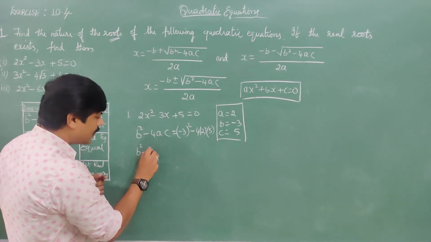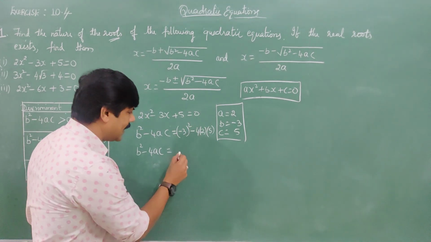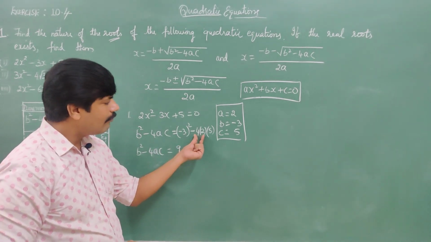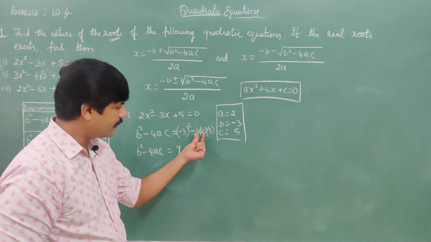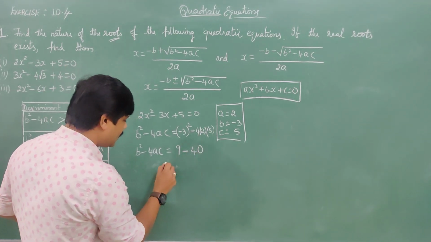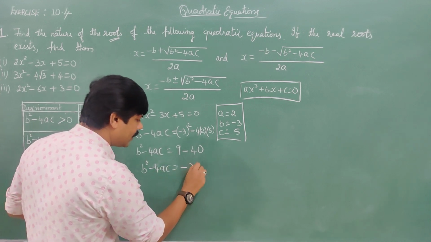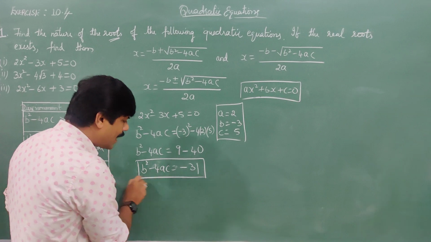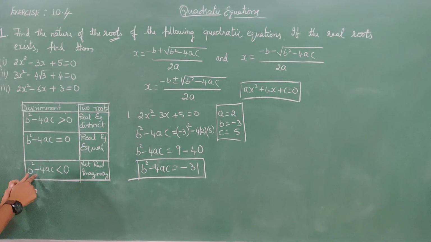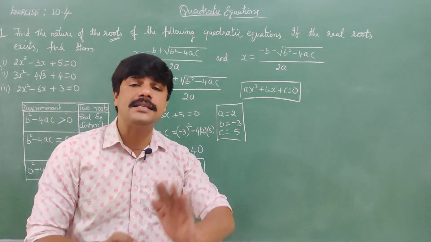Now b square minus 4ac is nothing but minus 3 into minus 3 is plus 9, minus 4 times 2 times 5. 4 times 2 is 8, 8 times 5 is 40, and this becomes b square minus 4ac is equal to minus 31. Okay, what do you get? Minus 31 you get. What kind of value is it? So b square minus 4ac is less than 0. The minus value you got is less than 0.